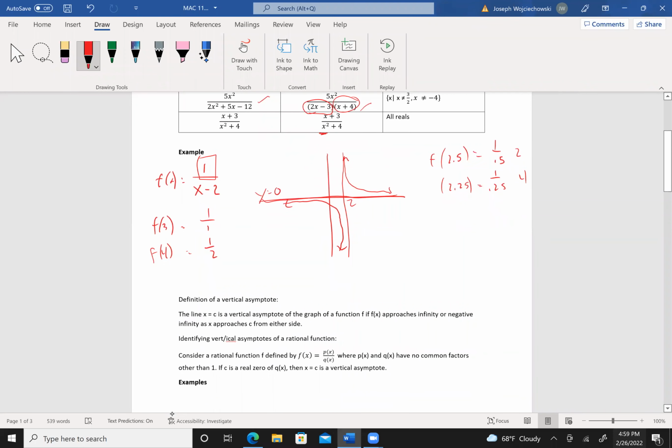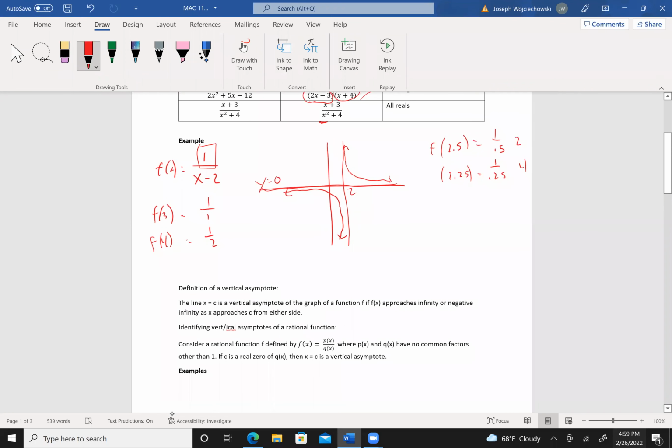The line x equals c is a vertical asymptote of the graph of a function f if f of x approaches infinity or negative infinity as x approaches c from either side.